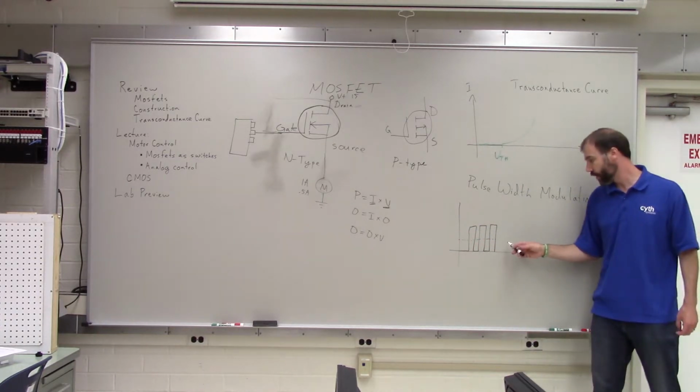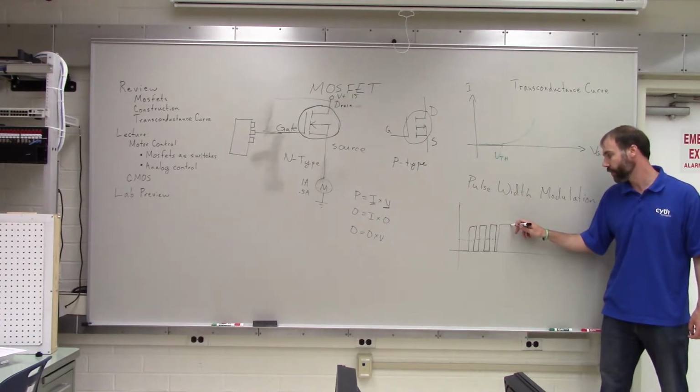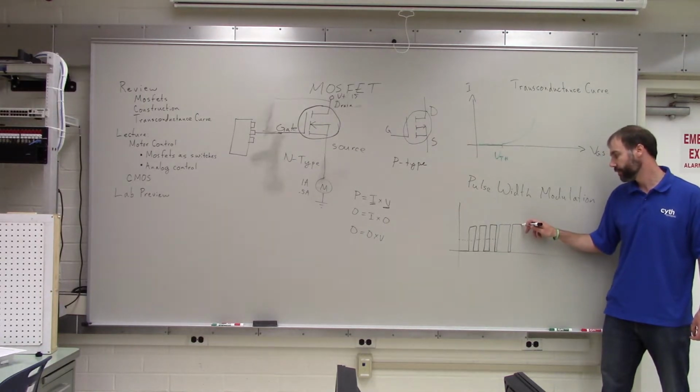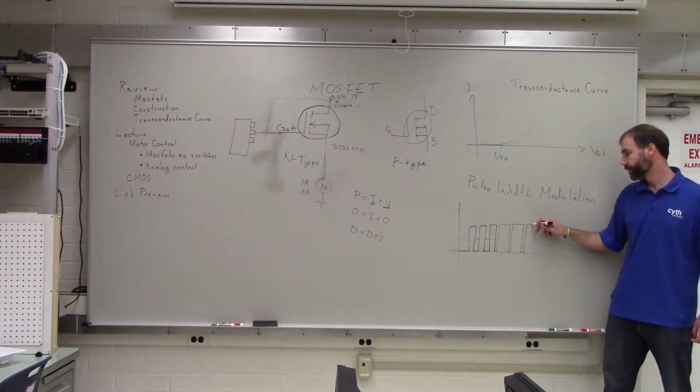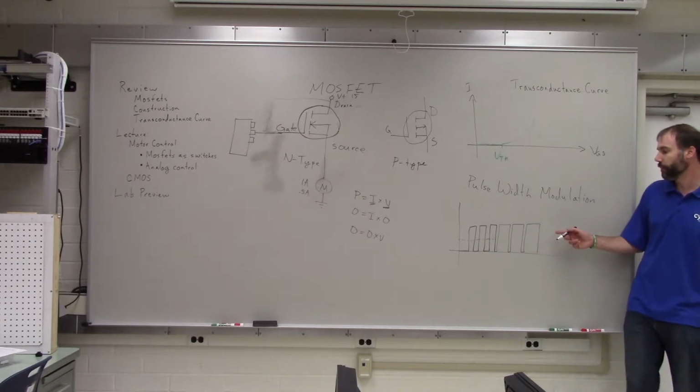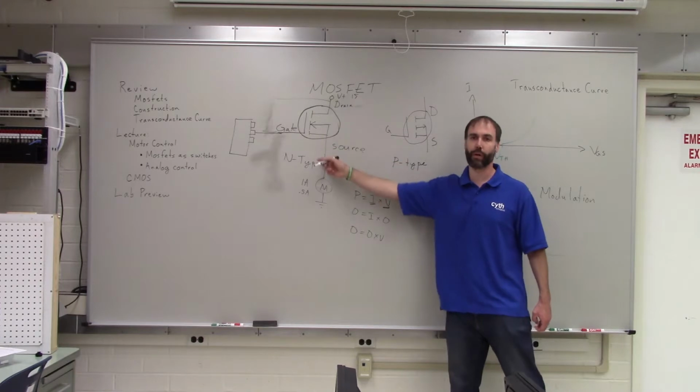Okay? If you wanted the motor to be on more, going faster, you could make the on pulses longer and the off pulses shorter. Okay? So if it were on for 90% of the time, then you might get about 90% of the maximum current.